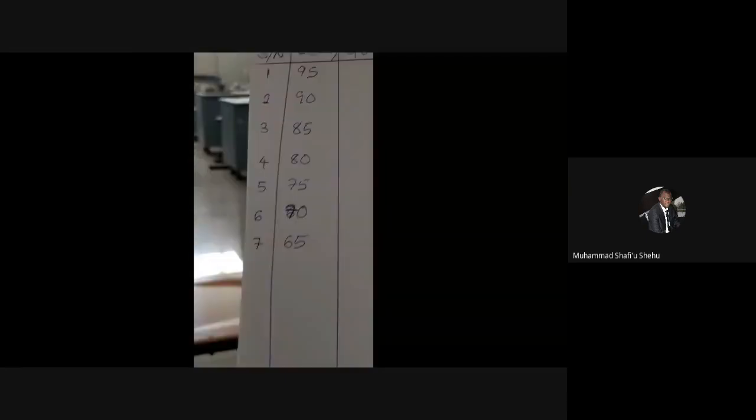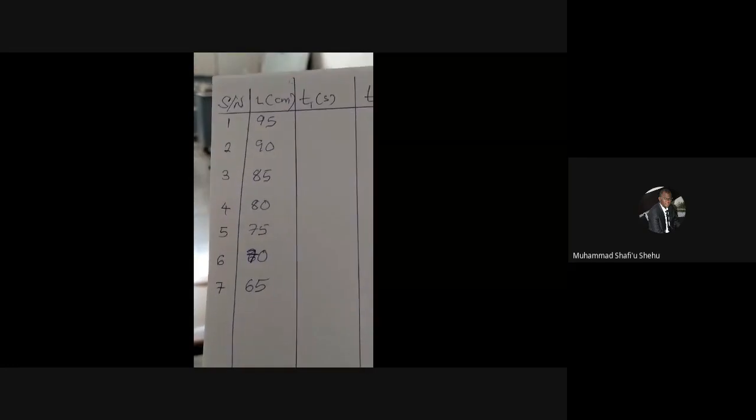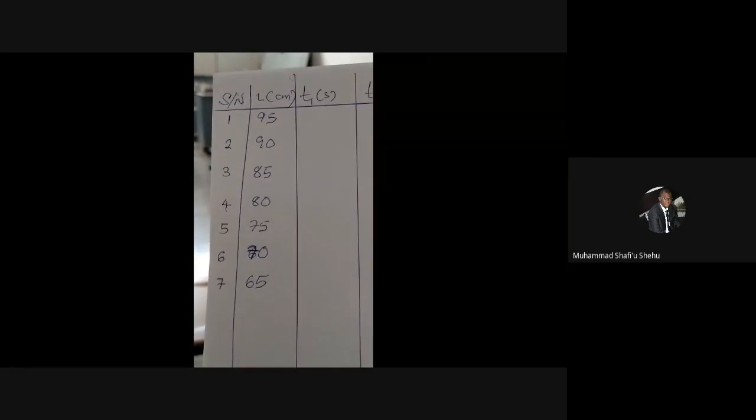So the next thing to do is to make sure that we have the required load for the experiment. Remember, this is how our table is going to look like. We're going to take a displaced length starting from 95 and stopping at 65, which made our serial number 1 to 7.